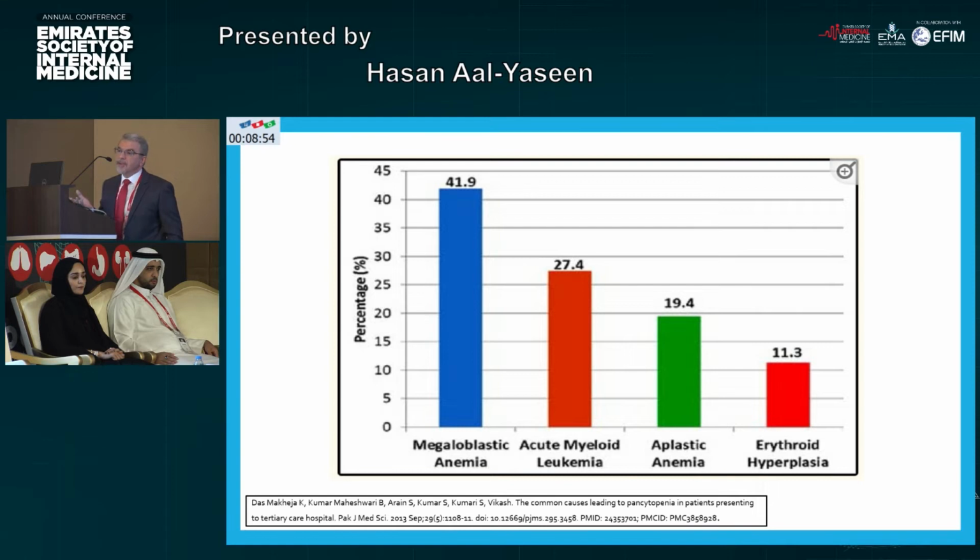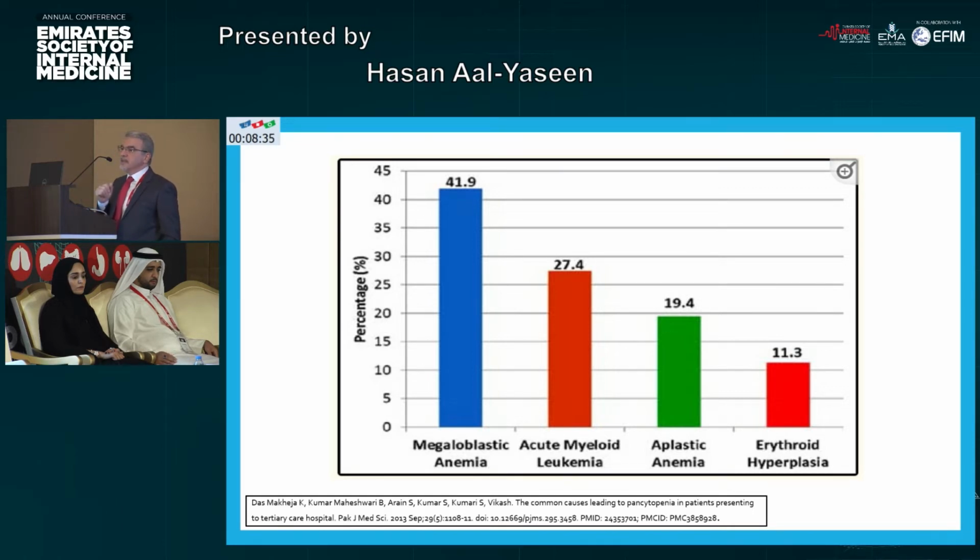And this graph just tells you that the etiology of pancytopenia is dependent on many other factors, and we will talk about this in the coming slides. So etiologies differ according to the geography, according to the socioeconomic status.